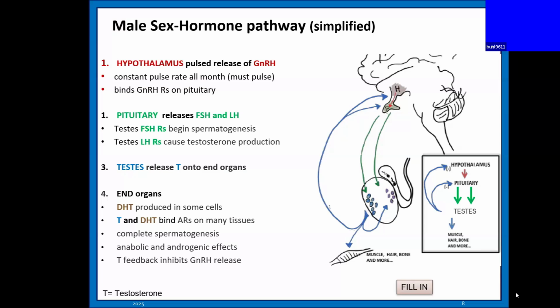And you're releasing both at the same time from the pituitary because guys want to make testosterone plus be able to have spermatogenesis at the same time. They don't have a monthly cycle where they want to go back and forth. The testosterone is that third hormone that gets released, and that goes to those secondary target tissues, which are going to be any tissue that responds to testosterone. The FSH is going directly into spermatogenesis.